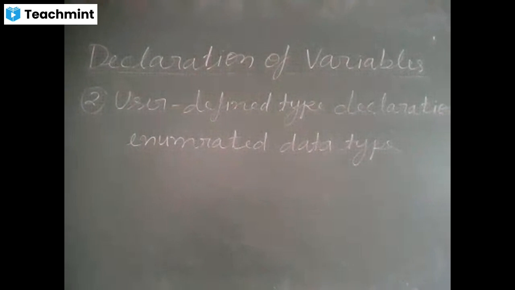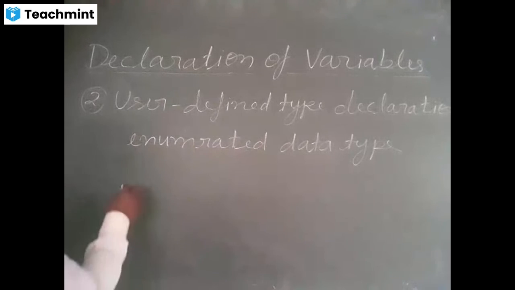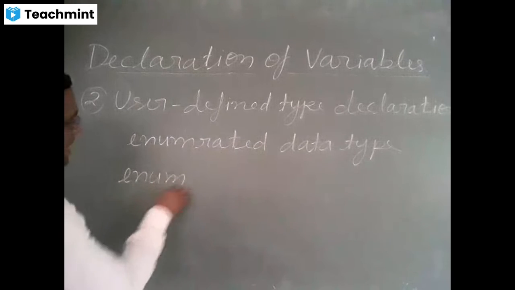If we need to declare a variable as an enumerated data type, then for this purpose we first write enum.